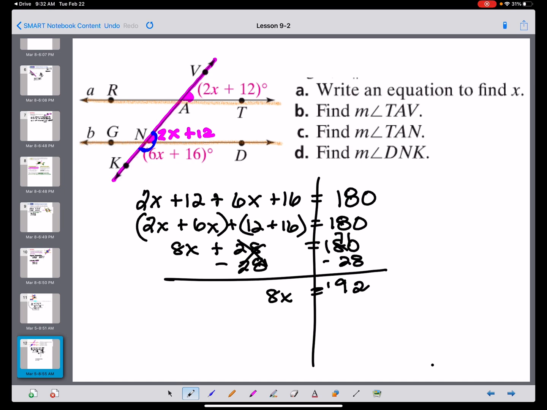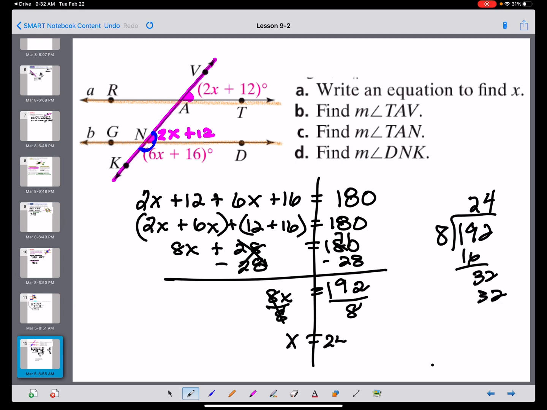Oops, how about if we get 152? And so divide both sides by 8. 152 divided by 8. And I get x equals 19.